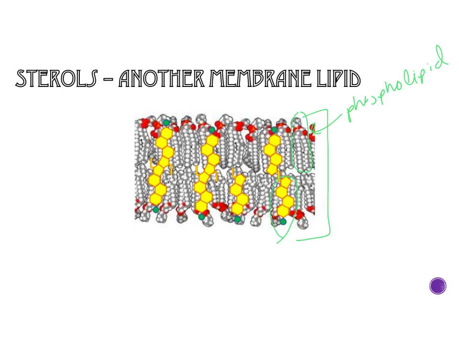But sterols slide into the membrane, and you'll see there's one per side here, where the polar head group is on the outside, hanging out with water, just like all of these phospholipid head groups are also hanging out with water on both sides here.